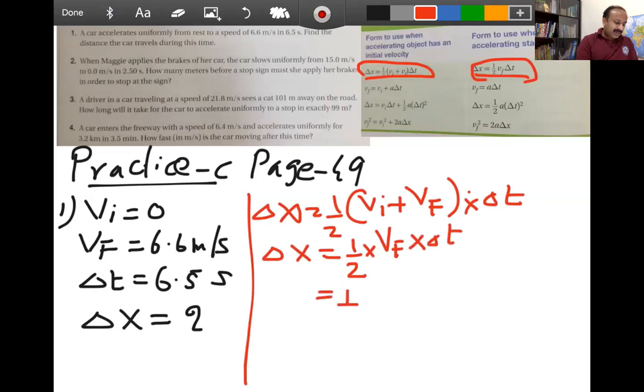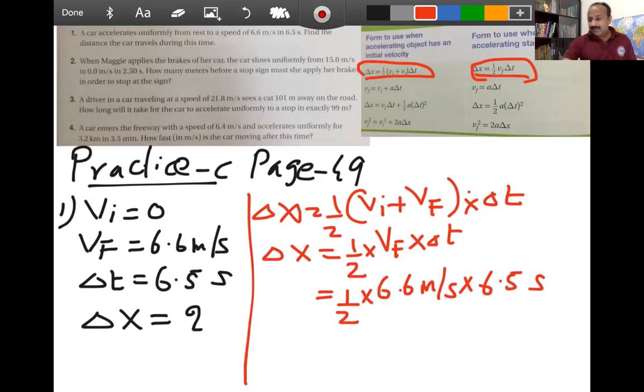Everything is given directly. So half into your vf value, 6.6, times delta t, 6.5 seconds. Just take the product: 6.6 times 6.5 multiplied by half. So the answer is 21.45.